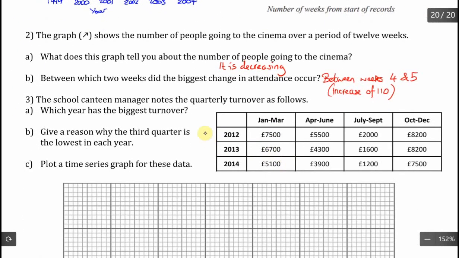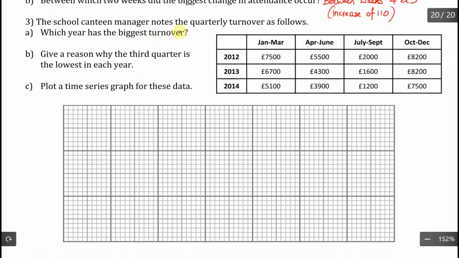Number 3, the school canteen manager notes the quarterly turnover as follows. Which year has the biggest turnover? So we're just going to add together each of these rows because that is a whole year. So this first one, I'm just going to do this in my head, so that'll be 13,000, 15,000, 23,200. 2013, that would be 11,000, 12,600, 20,800, I think.